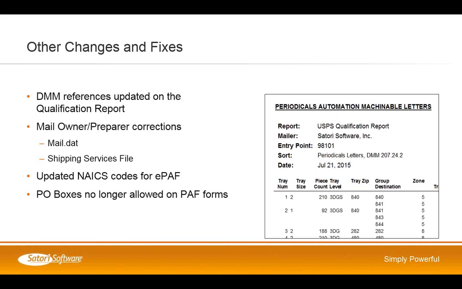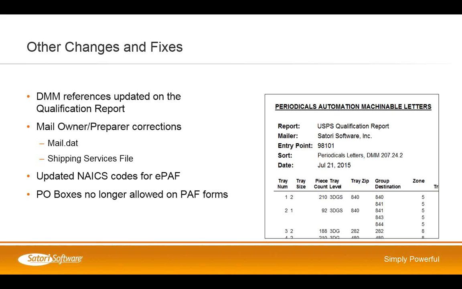What'll wind up happening is if you misidentify your mail owner and your mail preparer in your eDoc, you can wind up with a scorecard error. For those of you who are familiar with your mailer scorecard, you know that they're mentioning that eventually they may be charging people who have egregious errors on their mailer scorecard. So we're trying to do what we can to mitigate that beforehand.